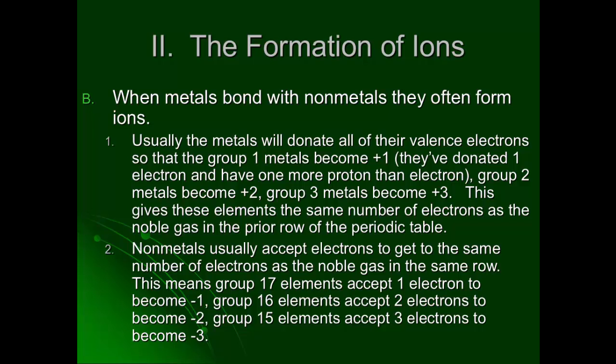But remember, their protons stay the same, so the identity of the element doesn't change, just its electron setup changes. Your group 16 will usually become 2- because they're going to take 2 electrons to get up to that 18. And the group 15 will usually become 3-. And so they take however many they need to get to the same number of electrons as a noble gas, that last row on your periodic table.